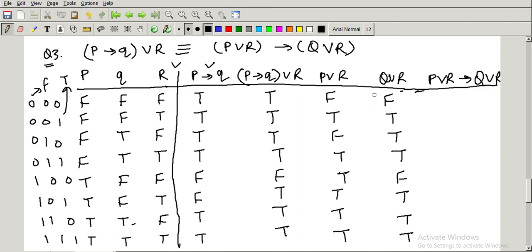So these two: false, false, that will be true if P is false. If P then Q, that means if P then Q, right?